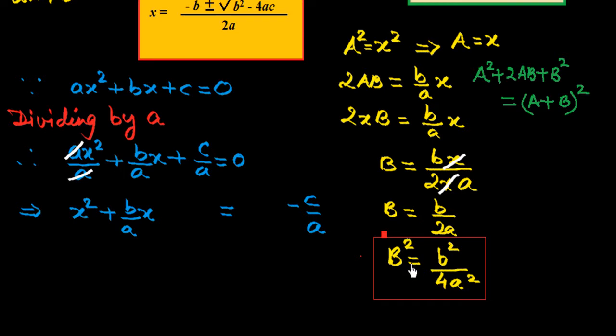The same thing, if we add b square over 4a square, it means we add it to the left side of this equation, and we have to add it to the right side also, to keep it balanced. So we are adding b square over 4a square to both sides.